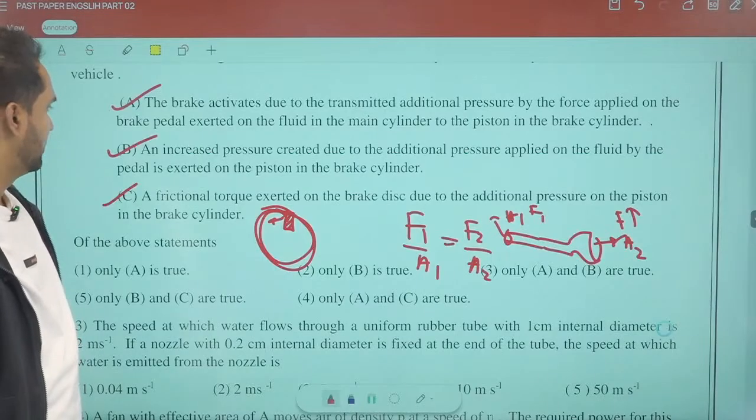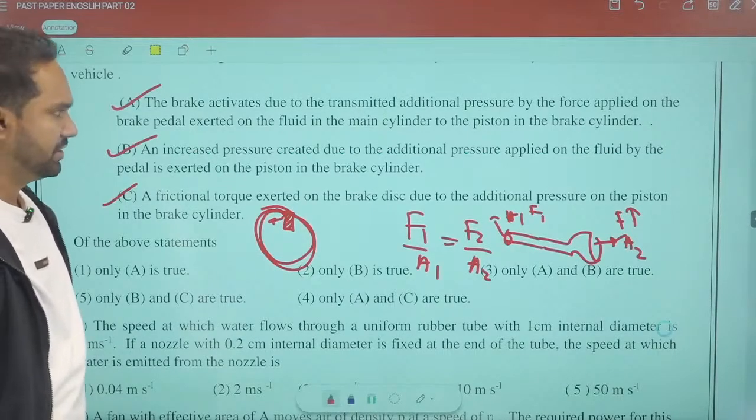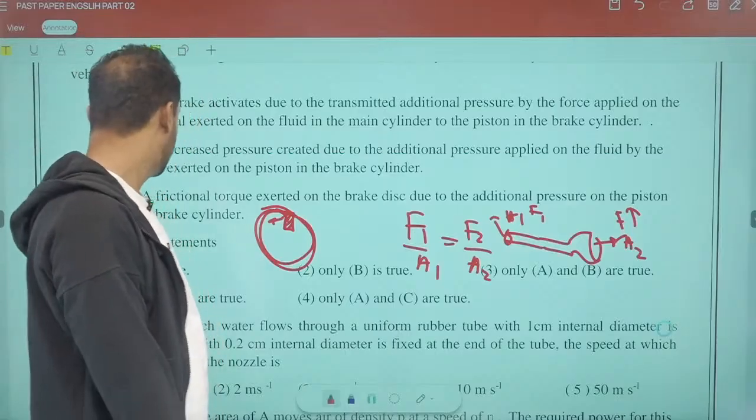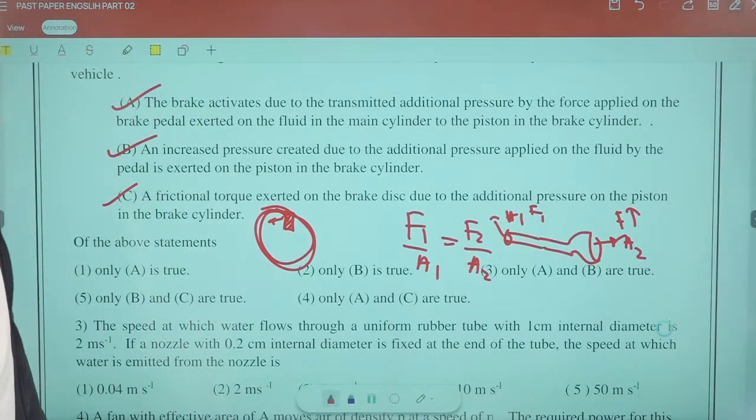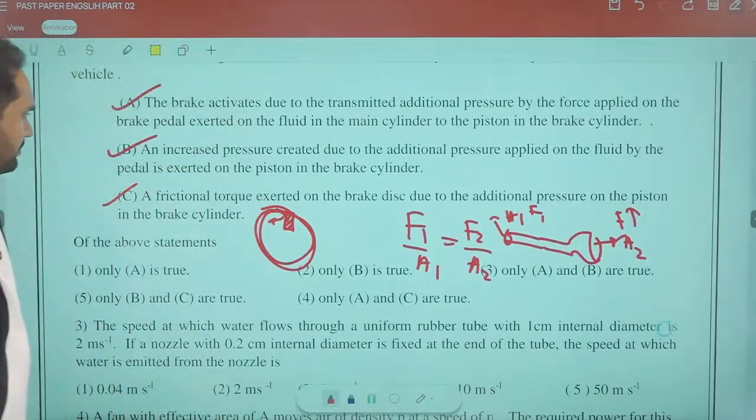On the brake disc. Okay. Due to the additional pressure on the piston in the brake cylinder.